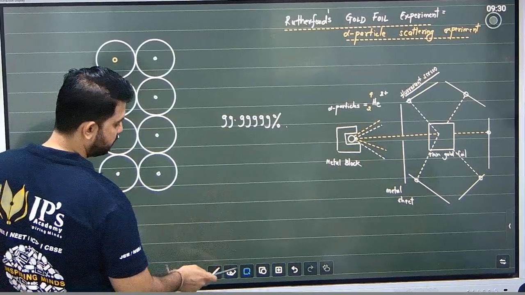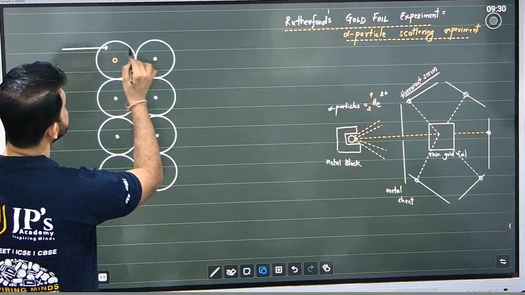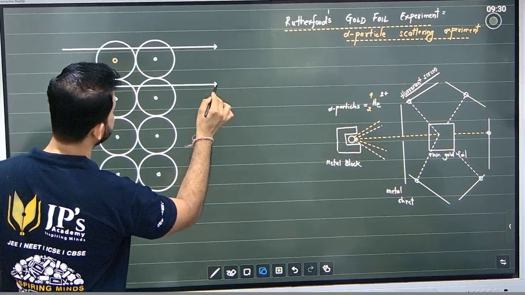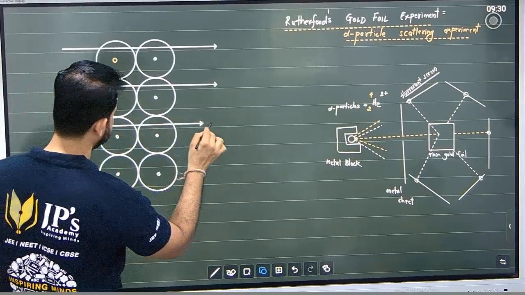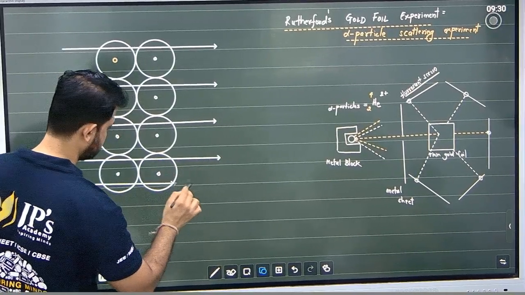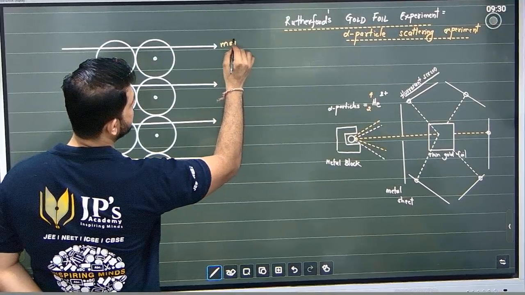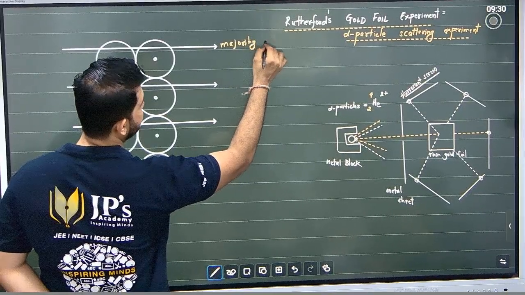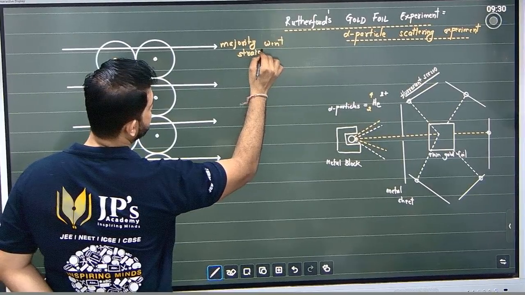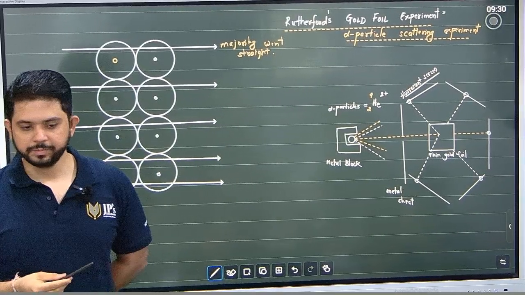How did we come to that conclusion? The amount is empty because majority of the alpha particles went straight through. No deflections at all. With me?